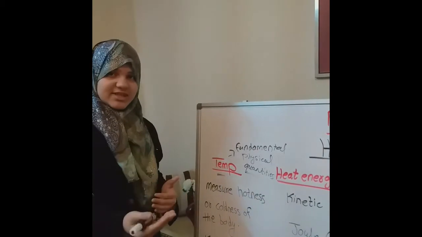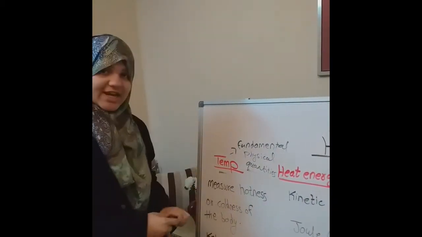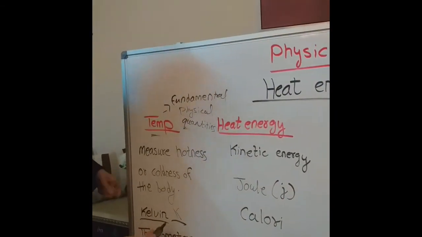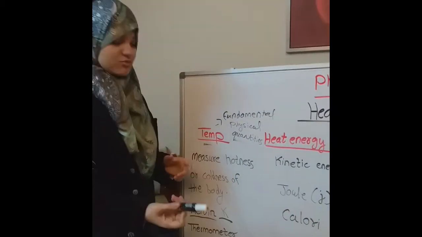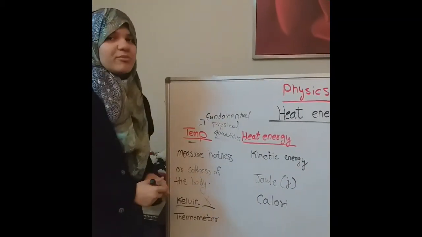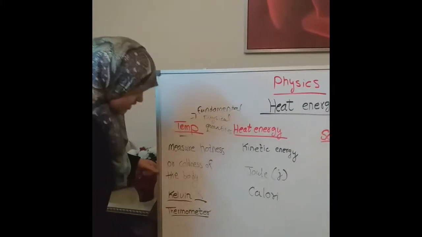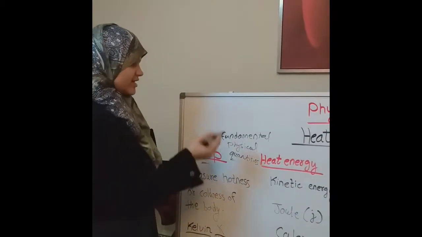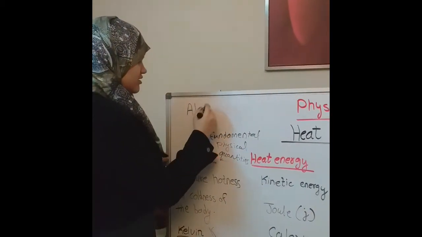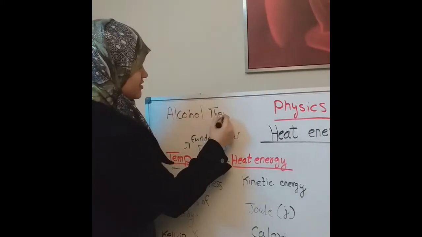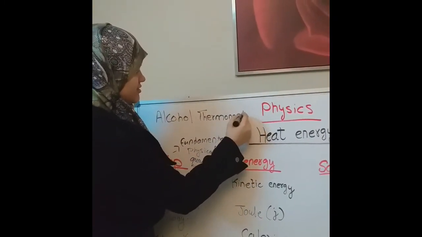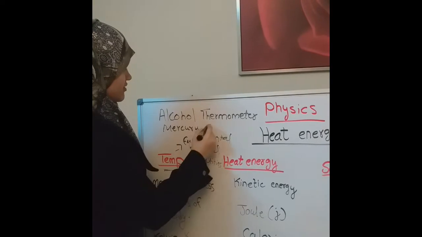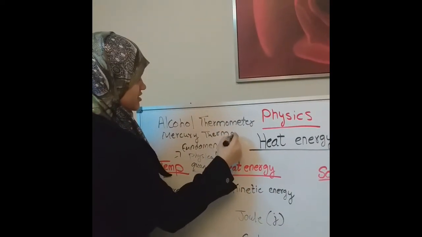The SI unit of temperature is Kelvin, which is K. The instrument that is used to measure temperature is the thermometer. Thermometers have types, like the alcohol thermometer and the mercury thermometer.